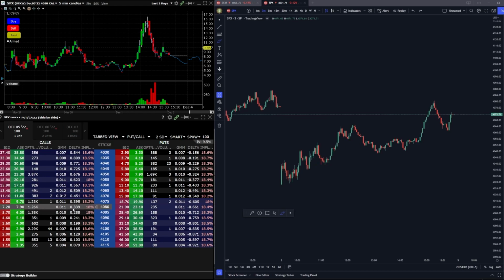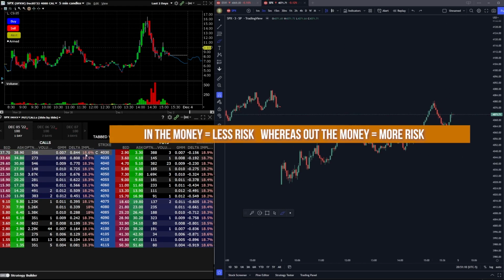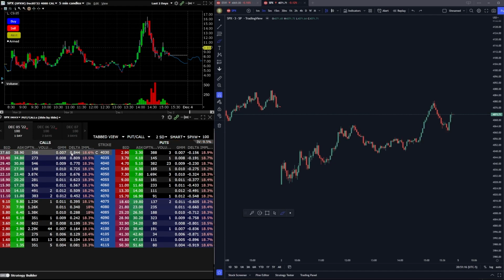So effectively, the farther in the money you take a contract, let's say SPX is trading at 4070 and you take a contract that's already in the money, a 4030 call, that is going to have a delta of 0.844. And it's way more expensive. As you can see here, it's $40 or $4,000 versus this 4080 call, which is only $800.